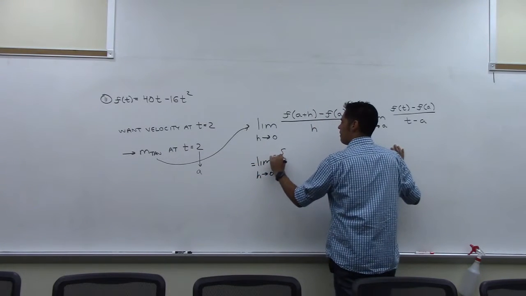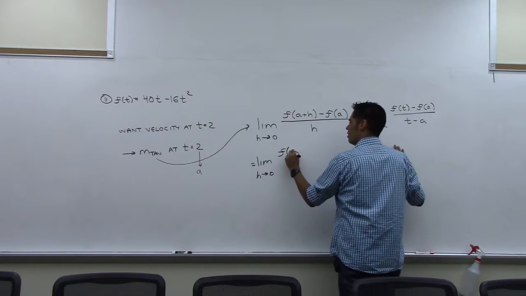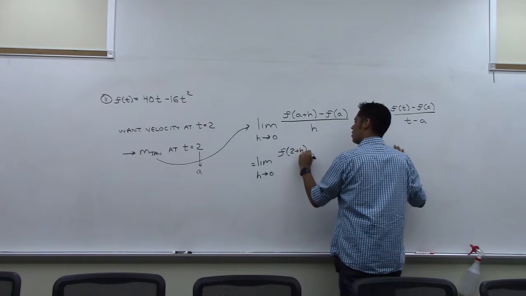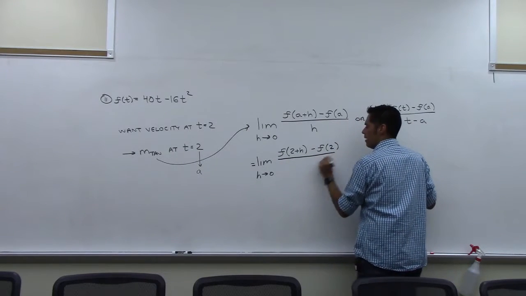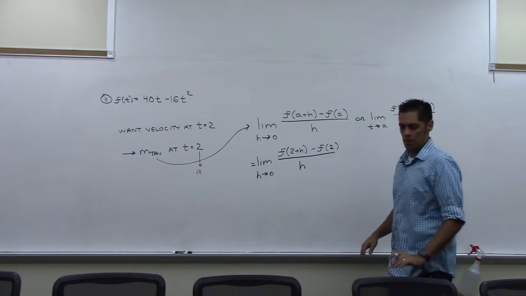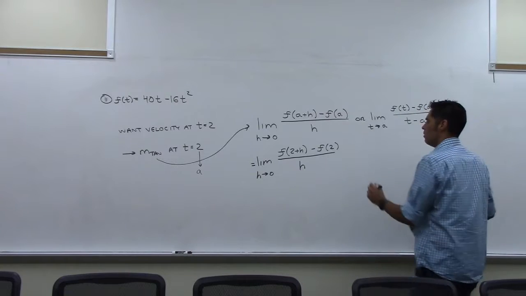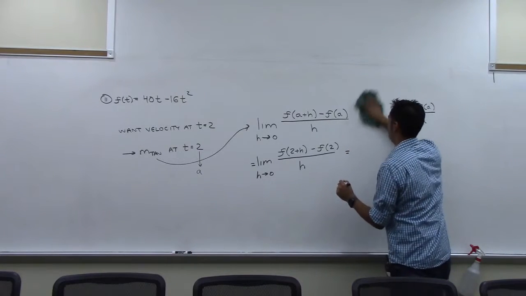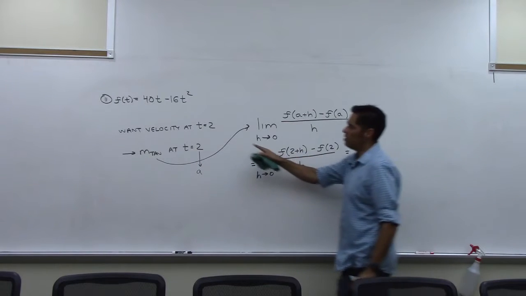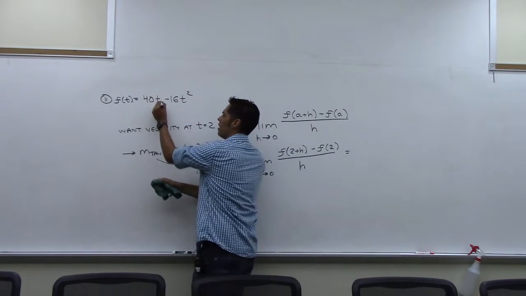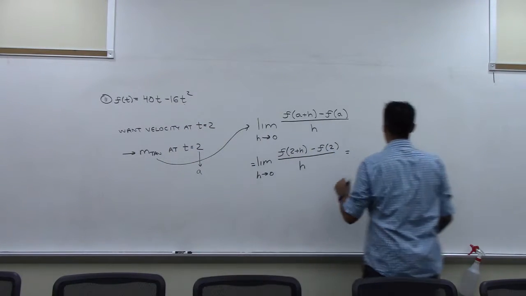All right, f of a is f of 2. 2 plus h minus f of 2 over h. Let's get this out of here. All right, we need to plug 2 plus h into this function, which means we replace that t and that t with 2 plus h.